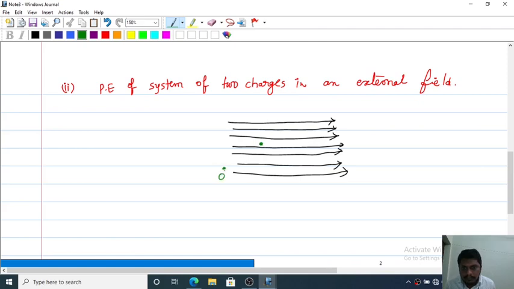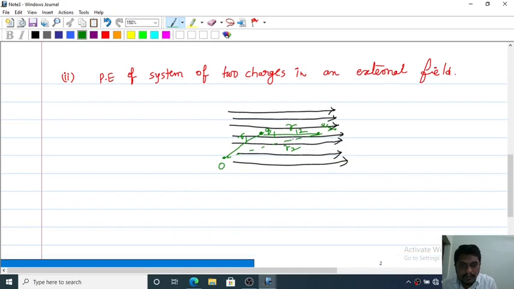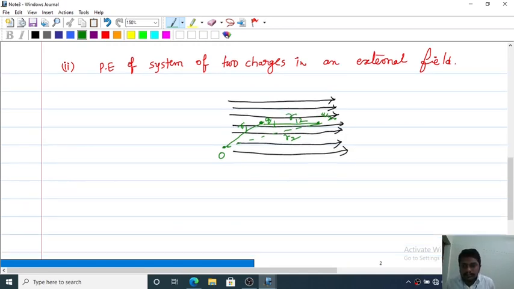This is the origin, and I want to bring Q1 to a distance R1 with respect to the origin, and Q2 to a distance R2 from the origin, and R12 is the distance of separation.